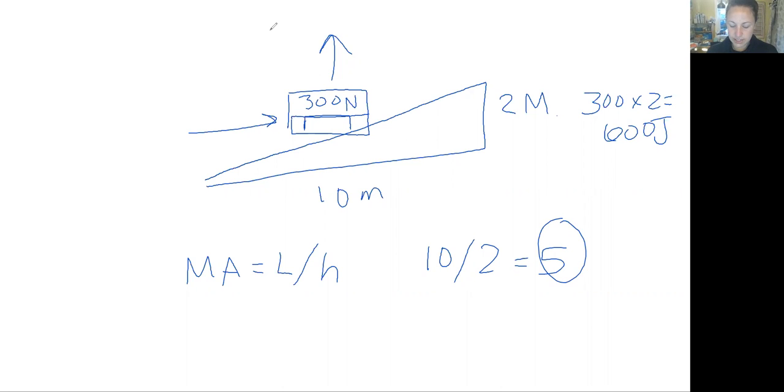Using that advantage, 300 newtons, which we started with, the weight of our piano, divided by the ideal mechanical advantage of 5, only 60 newtons of force. So 60 newtons of force would be needed.